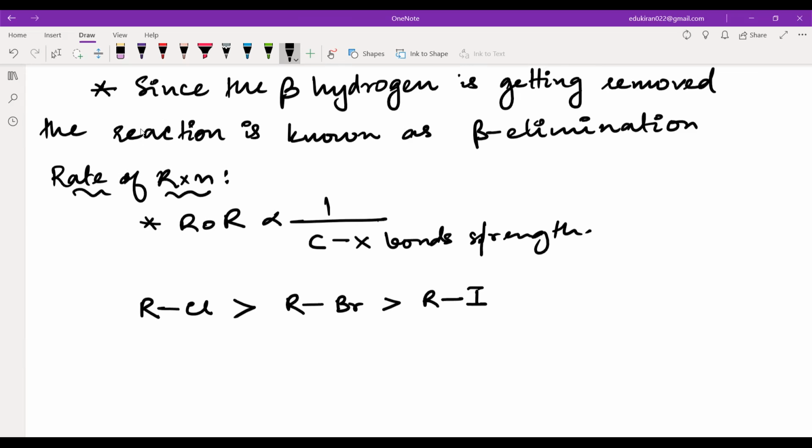What is the reason? R is carbon, carbon is second period, and chlorine is third period. So 2p-3p overlapping is more effective than 2p-4p. So the bond strength is in this order.